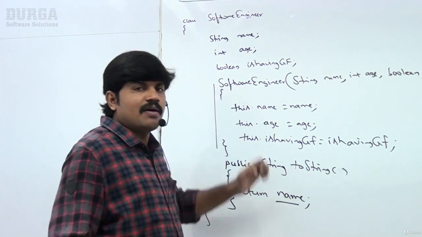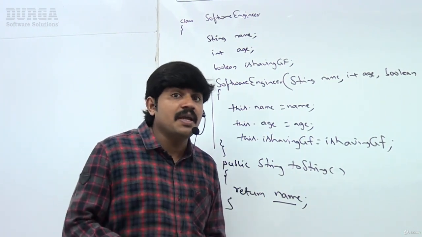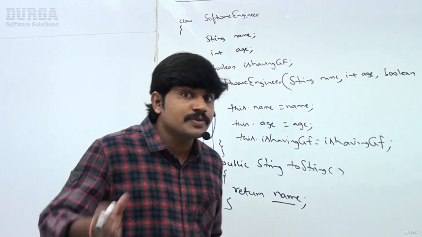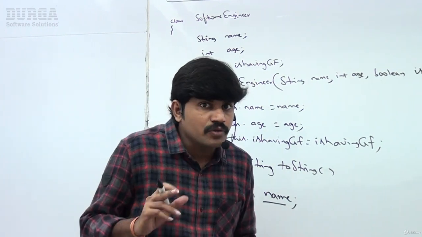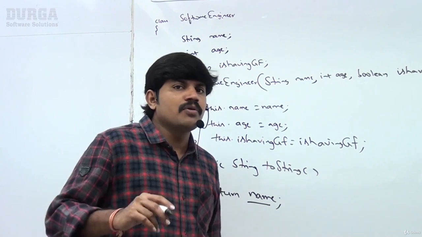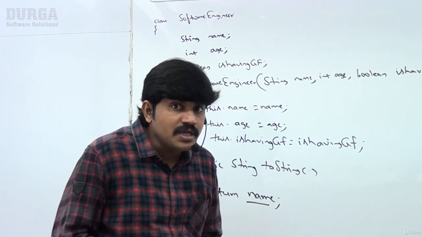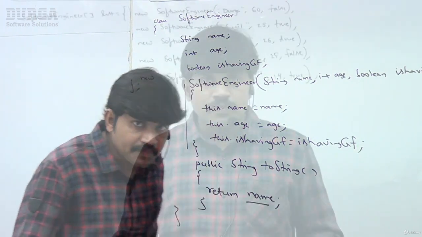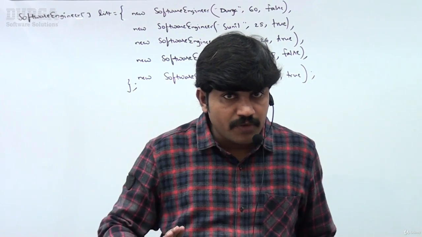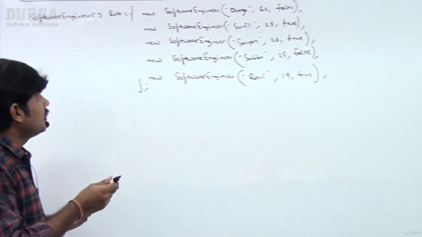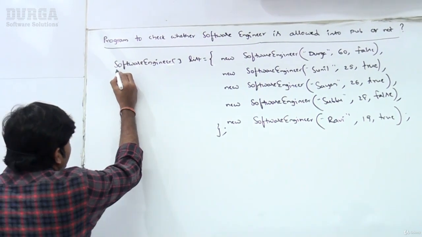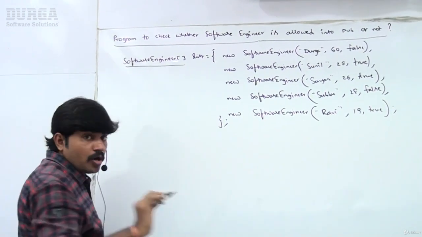Sir, if you feel comfortable, let me create an array of software engineer objects with these parameters, and I want to write a predicate. Sir, how can I use that predicate for these software engineer objects? I will explain. Clear up to this, right? Up to this we covered how you can write the software engineer class. Now observe that I created an array of software engineer objects.